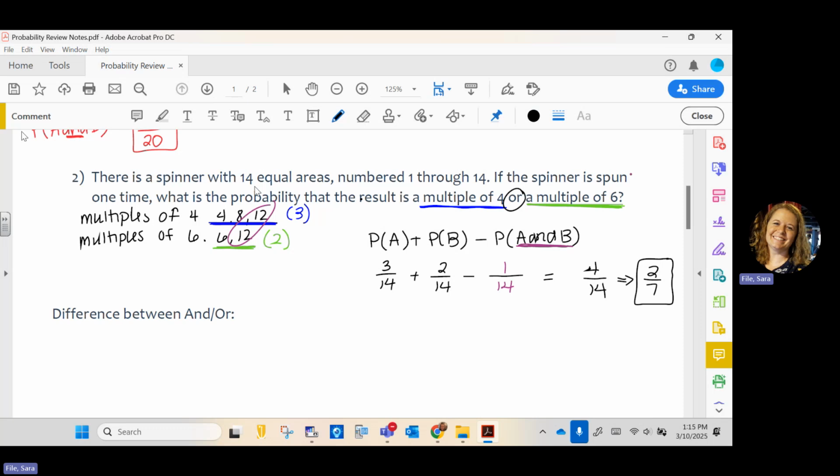So 4 out of 14. You would have gotten the same thing thinking through it logically as doing the probability formula. So you don't have to do it as a probability formula always. Sometimes you can just list things out and think through them logically and get the correct answer.